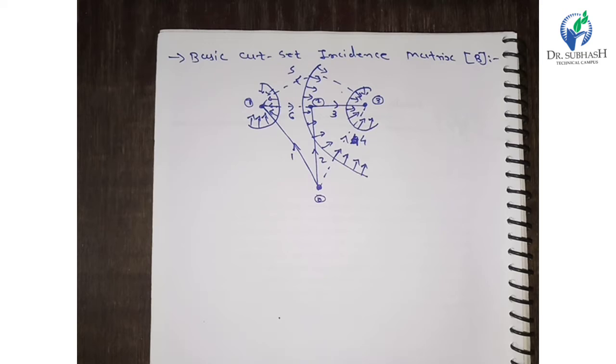The matrix depends on the cut set incidence parts, the connectivity of the element to the basic cut set connected to the graph.